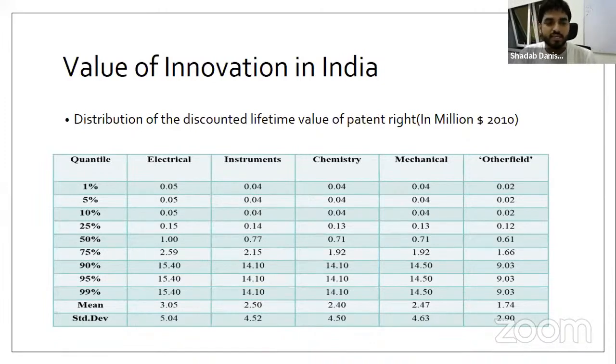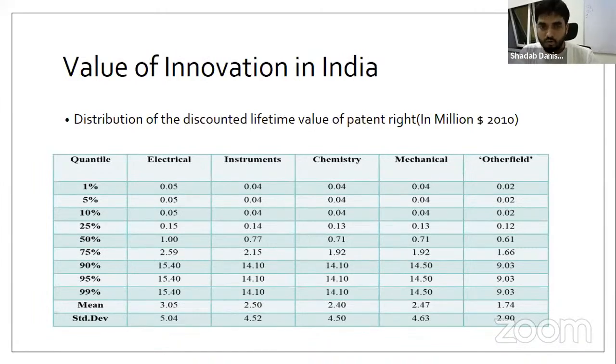The maximum mean value of a patent is in the electrical sector compared to any other sector. Chemistry, for your information, includes pharmaceuticals, biotechnology, organic fine chemistry, and many other technologies. So even with pharmaceuticals there, in India the electrical patents are still more valuable.